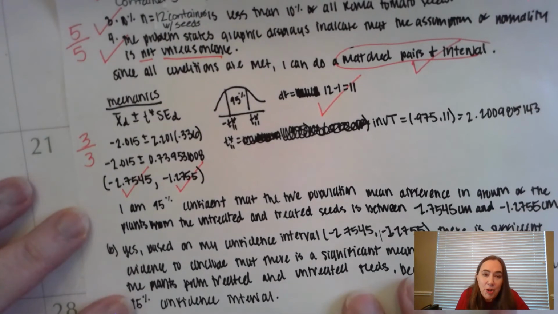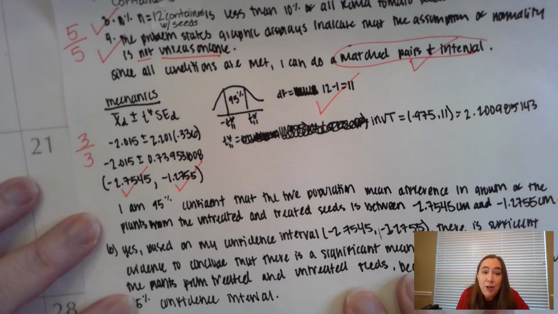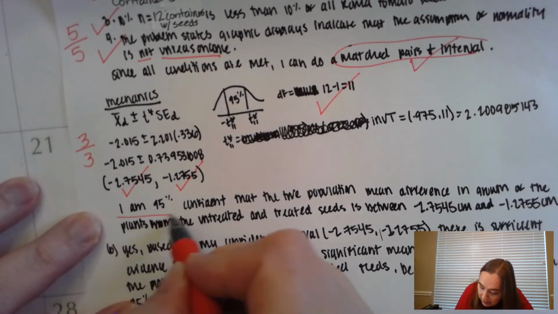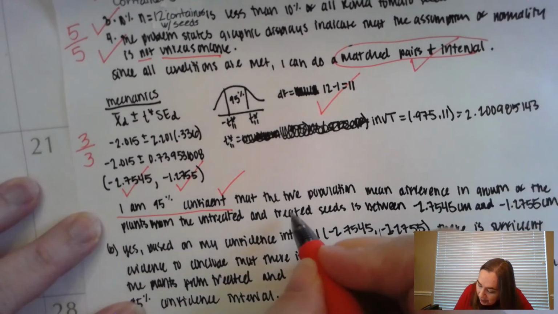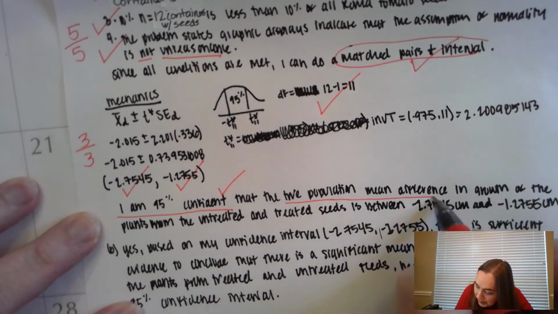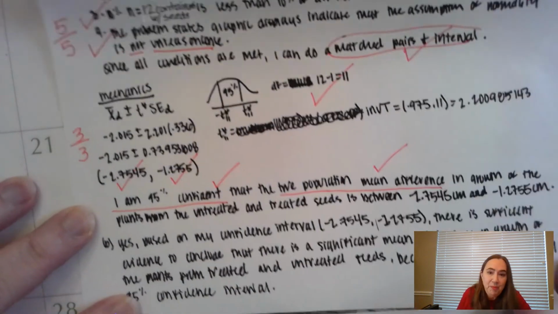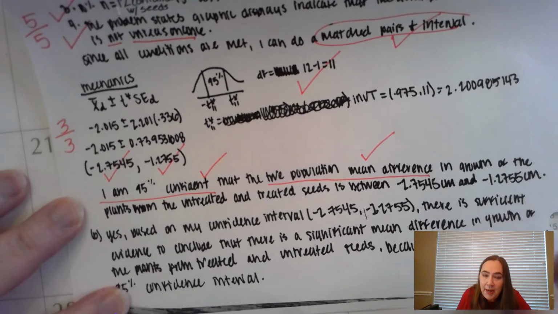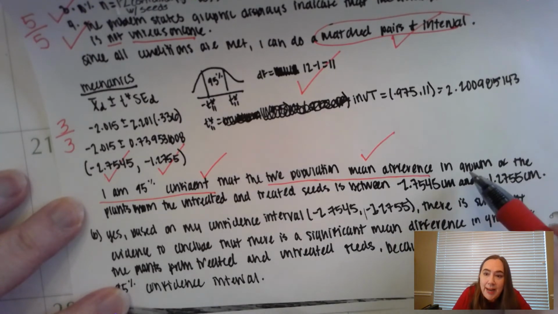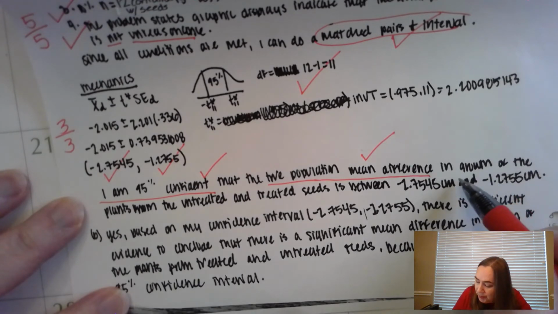Now the last chunk for part A is interpreting the interval. I am 95% confident, check, that the true population mean difference, check, has to be in that order. Now the context: copy from the problem, write it down exactly how it appears in the question.